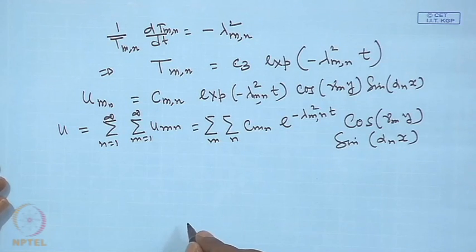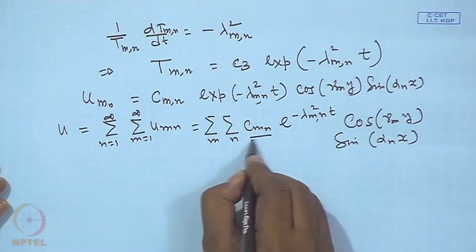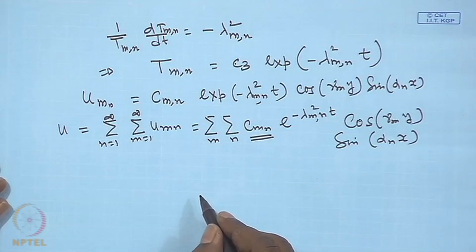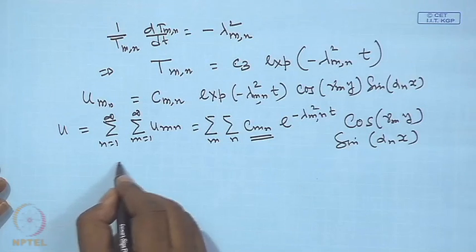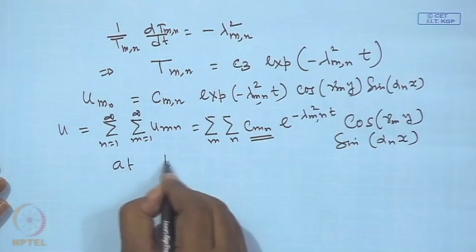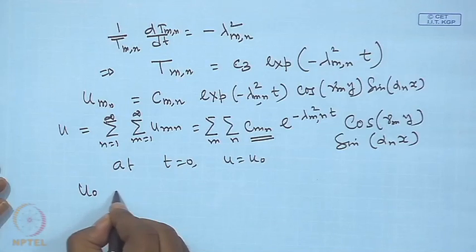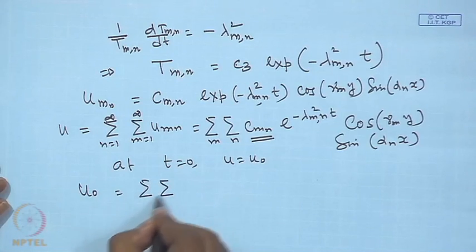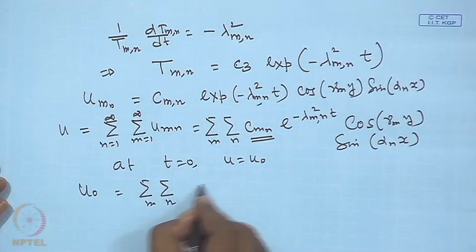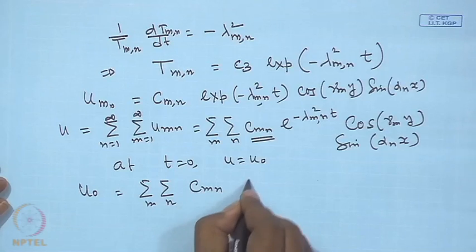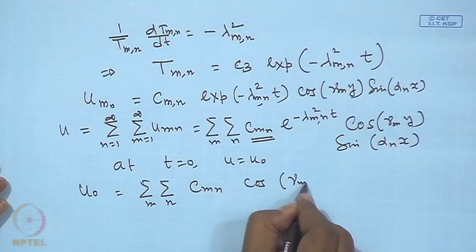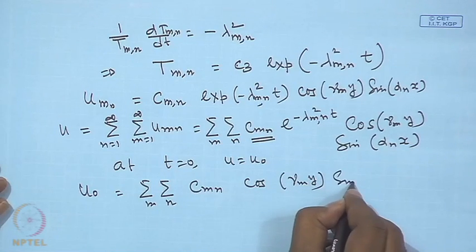Now, this problem is solved, and what is left is the determination of the constant C m n. We get this constant from the initial condition: at t equal to 0, u was equal to u naught. So, this will be u naught equals the double summation over m and n of C m n cosine nu m y sine alpha n x.